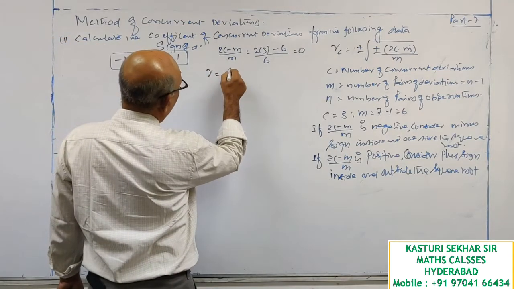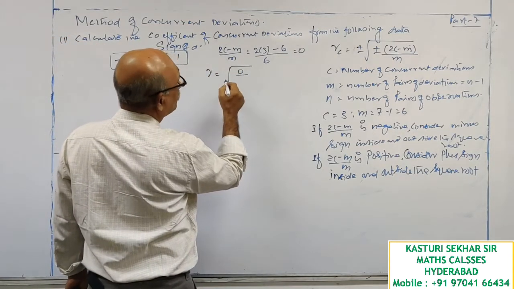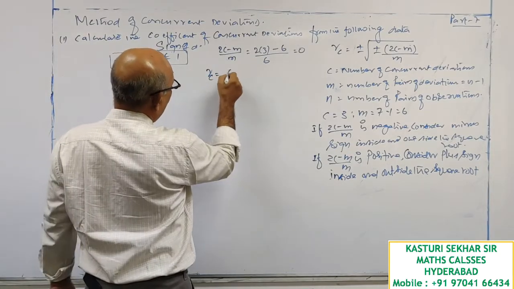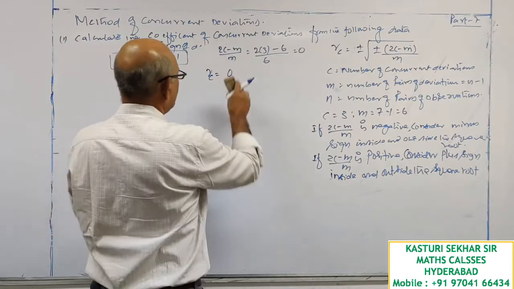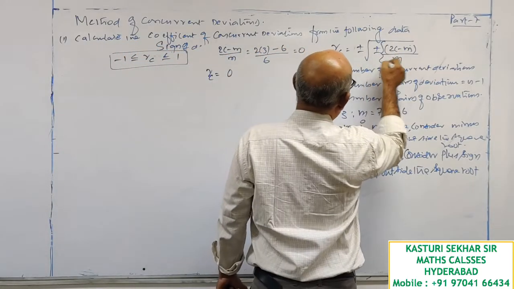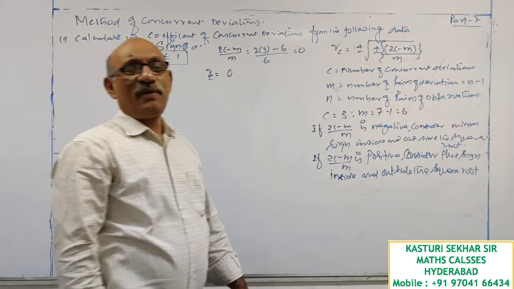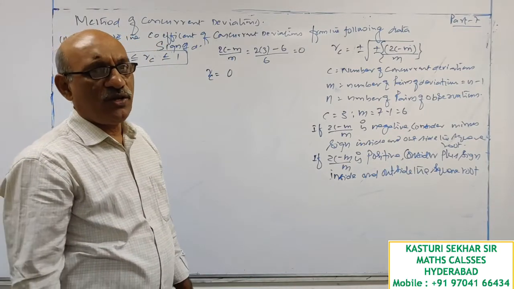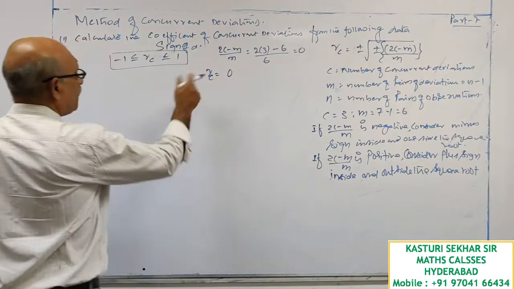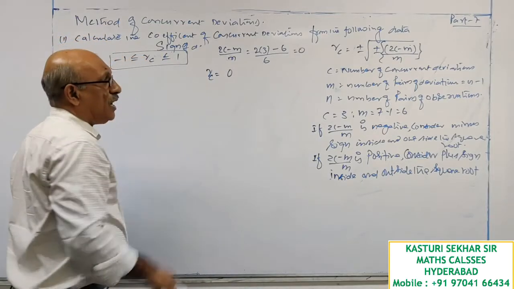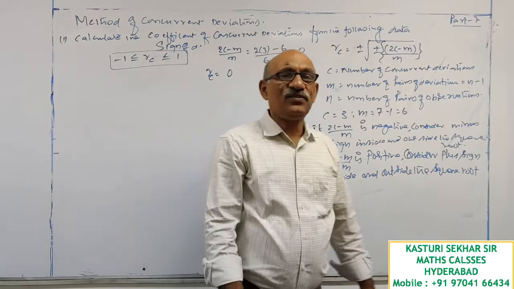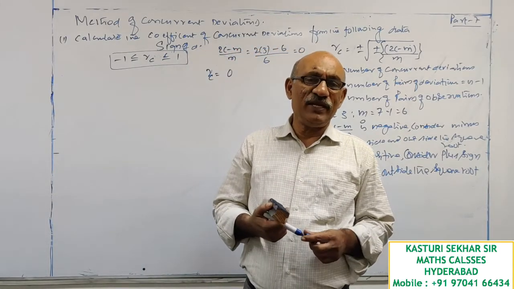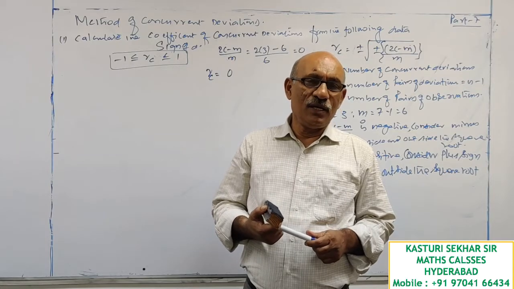So r is equal to 0 by 6, this is 0. 2C minus M by M is obtained as 0. So the square root of 0 is 0 only, r. This way, the method of concurrent deviations is used to find the nature and extent of relationship between the two variables.